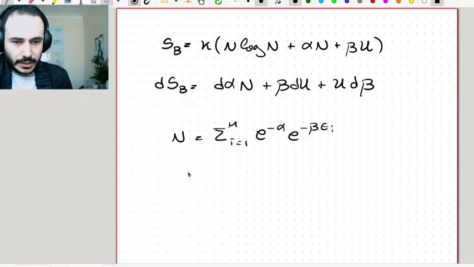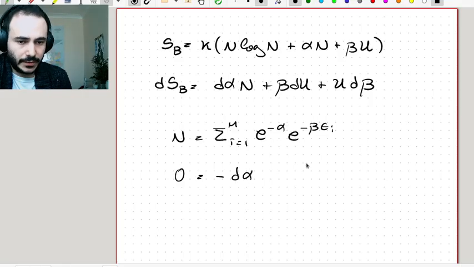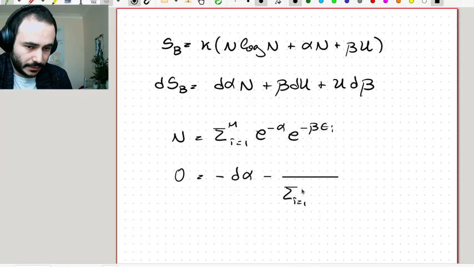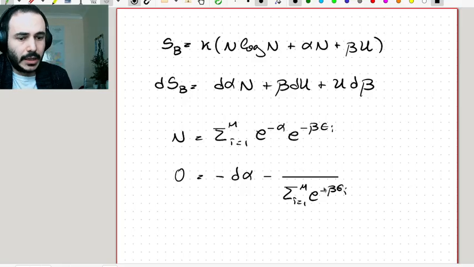And when we differentiated that, we get 0, we get minus d alpha, and then we have to deal with the logarithm of the sum of these terms and differentiate that. So what you get is 1 over the sum, that's the differential of the logarithm, of e to the minus beta ei, and then the differential with respect to beta of these exponentials.